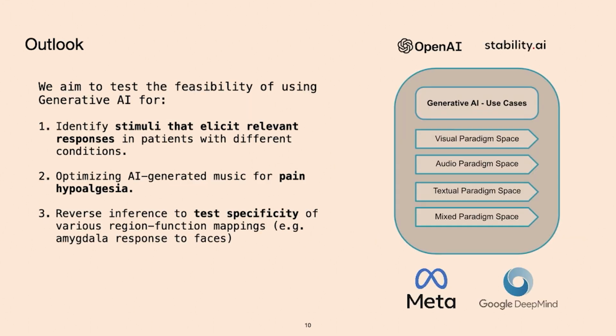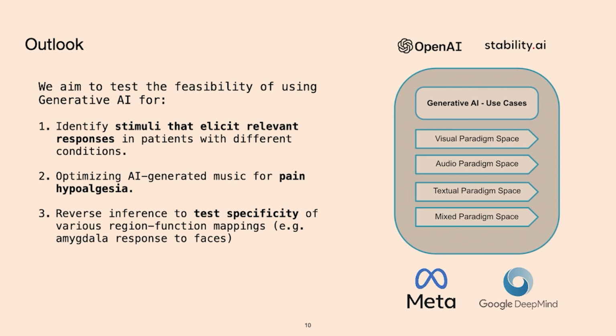Plus, we want to test the feasibility of using generative AI, so by generating stimuli, the paradigm from scratch. And here we have some options. We could, for example, identify stimuli that elicit relevant responses in patients.